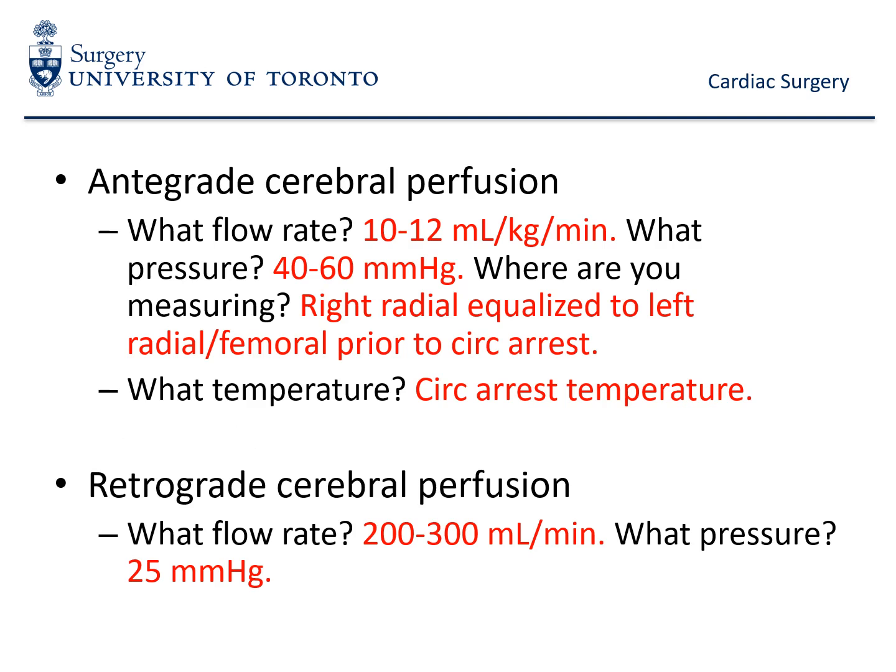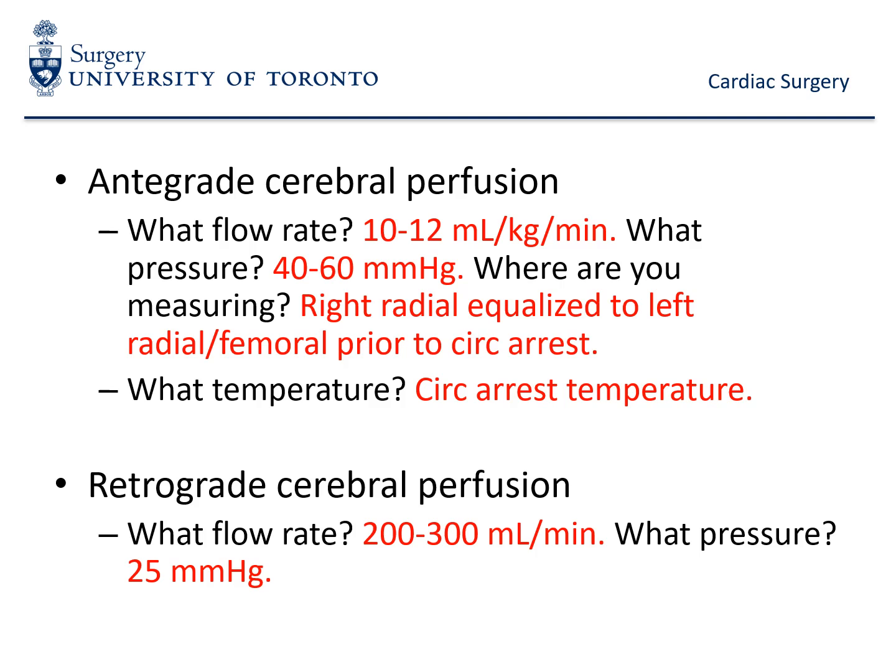So for ACP, typical flow rates are 10 to 12 mils per kilo per minute at 40 to 60 millimeters of mercury. Now, if you're using the right axillary artery for ACP, then you often overperfuse the right arm. So your right radial pressure is actually not reflective of your brain pressure.